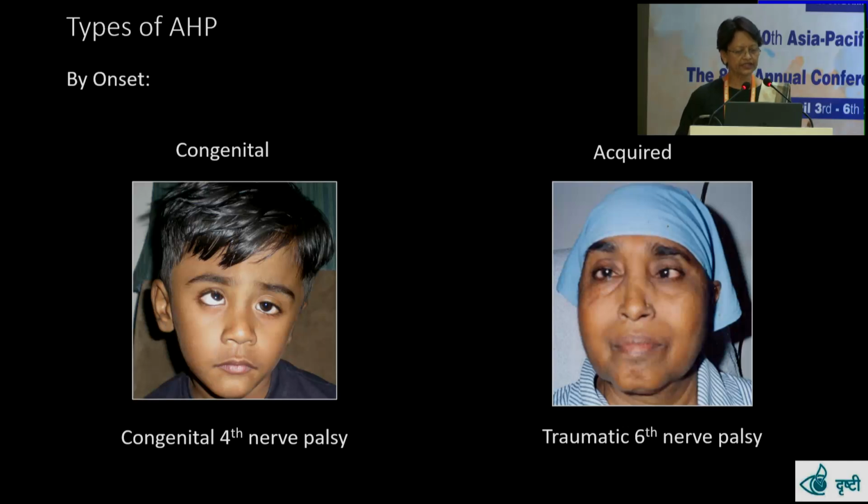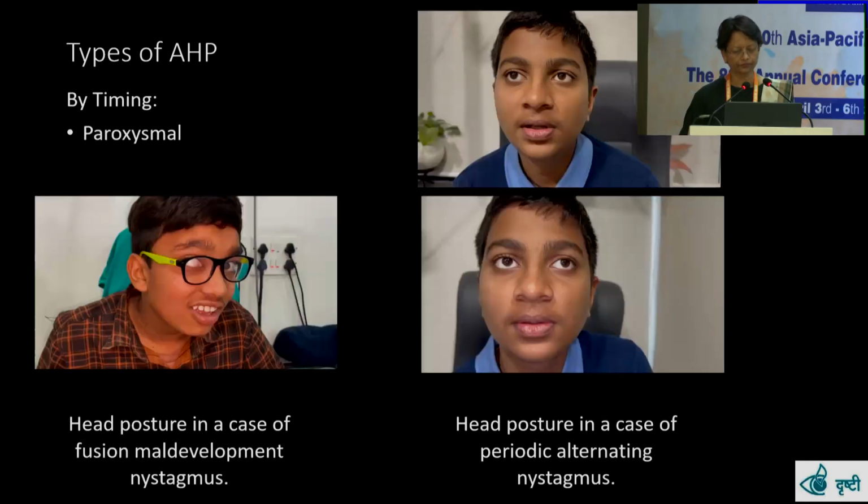Now, various types are classified. This is a congenital type of head posture, which is seen in congenital fourth nerve palsy. You can see the marked facial asymmetry, and this is the acquired one. There is a face turn in the left sixth nerve palsy.